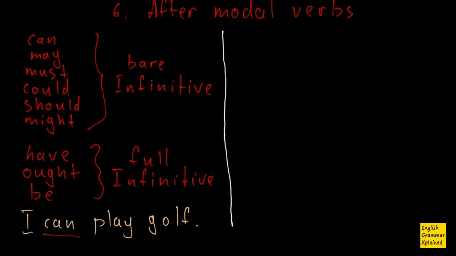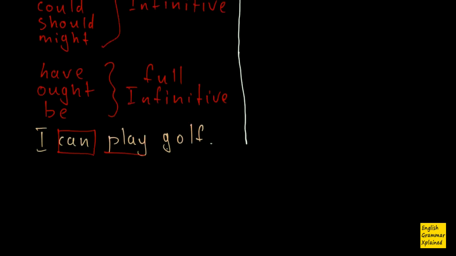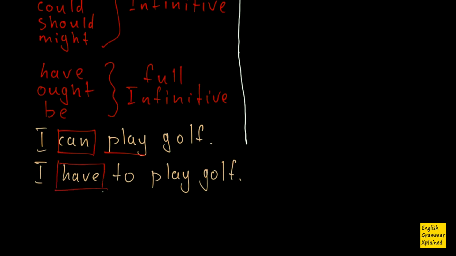Here I have my modal verb can, and then I have my bare infinitive. Let me give another example with full infinitive. I have to play golf. Well, some stupid sentence, but I have my modal verb here, and then I have my full infinitive here.